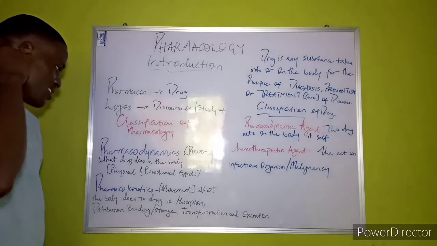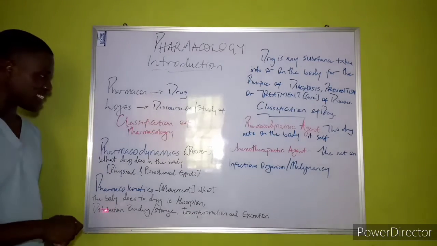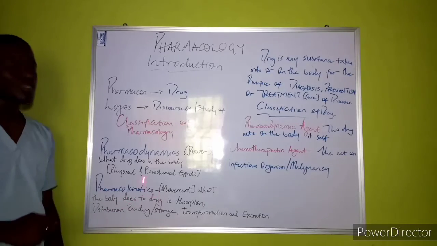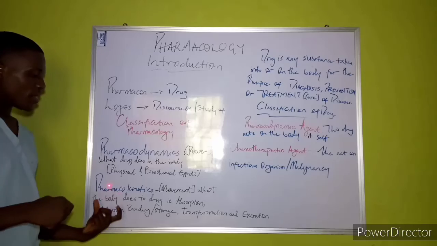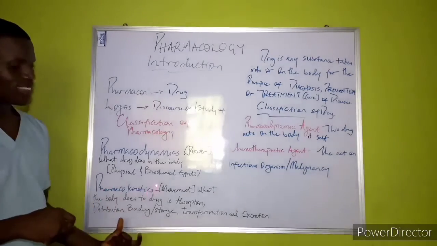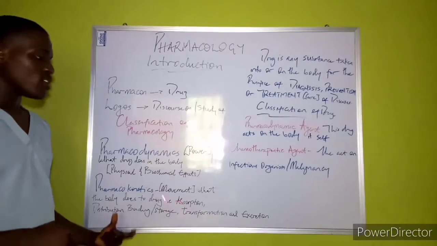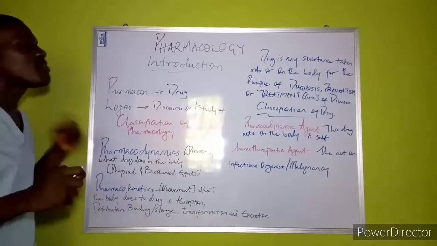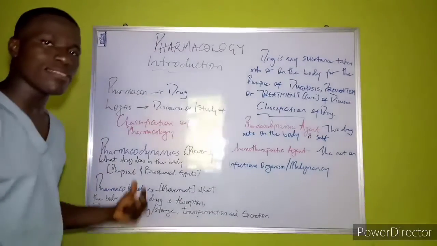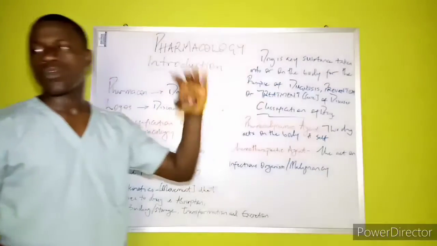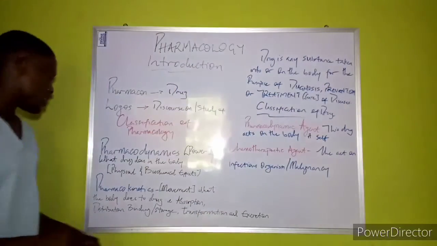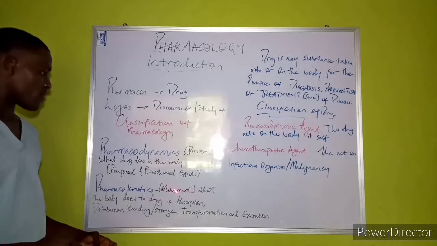The next is pharmacokinetics. Pharmacokinetics is also derived from two Greek words: pharmacon, meaning drug, while kinetics refers to movement. So pharmacokinetics simply refers to the movement of drugs within the body of an organism.